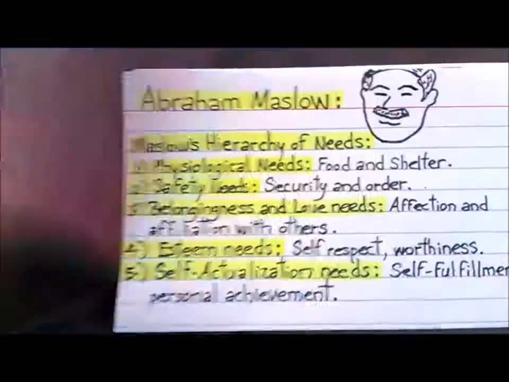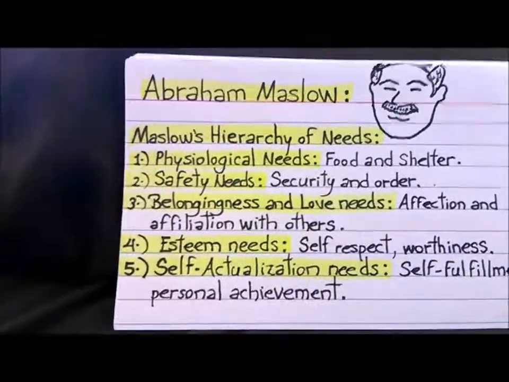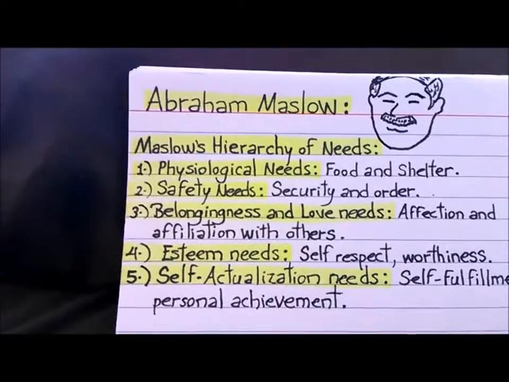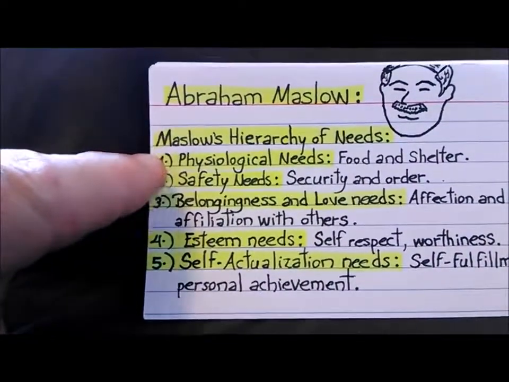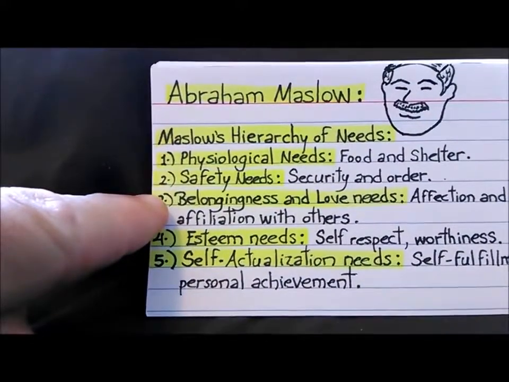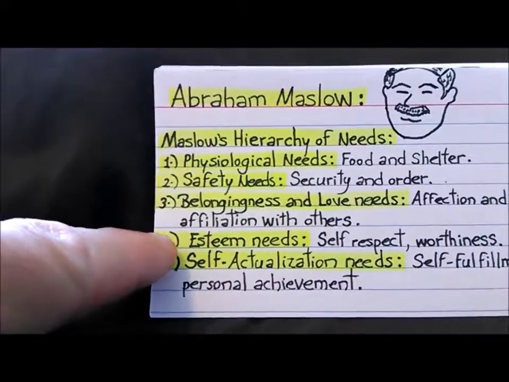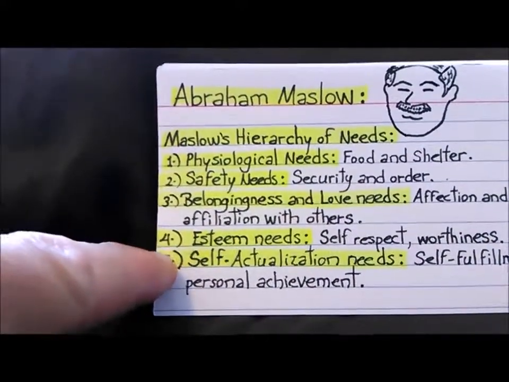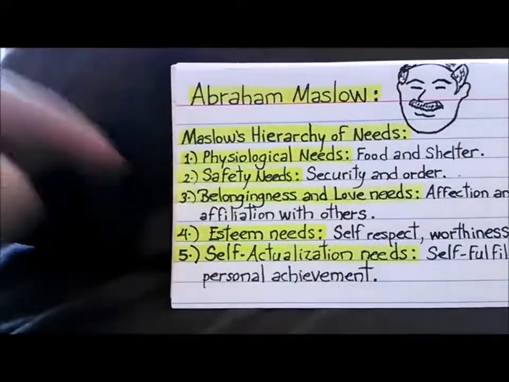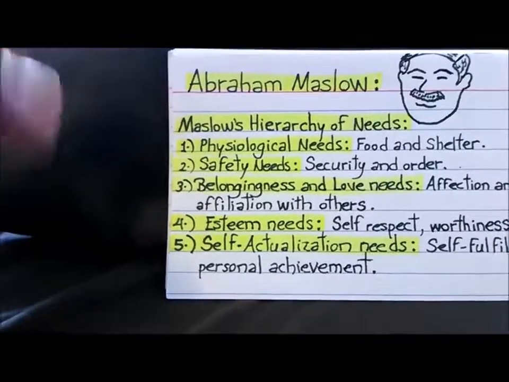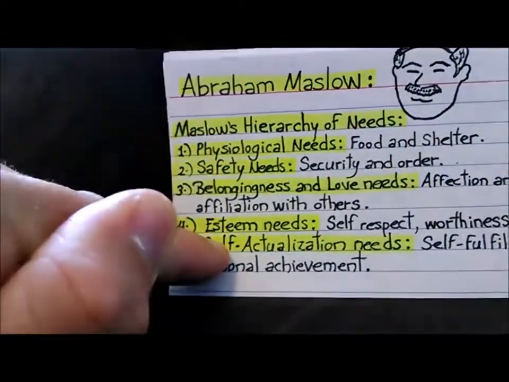Mr. Abraham Maslow. Maslow's hierarchy of needs. He has the physiological, safety, belongingness and love needs, esteem, and self-actualization. And it goes in order of importance. This is the first, and that's the last.